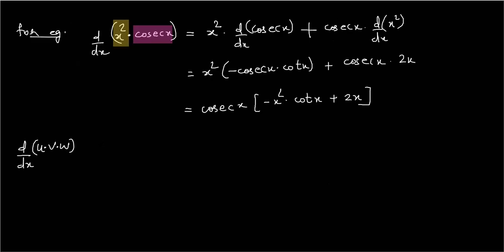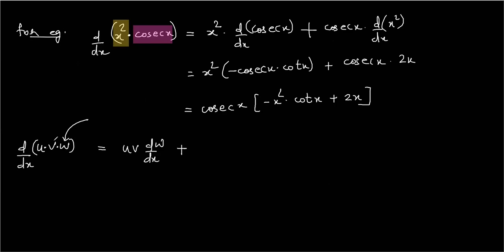Okay, let's begin. Once again, students, we have to differentiate these three one by one. So I will begin with w. d by dx of w I write. Now students, when I differentiate w, the other two which are left, I will multiply. u into v is multiplied.